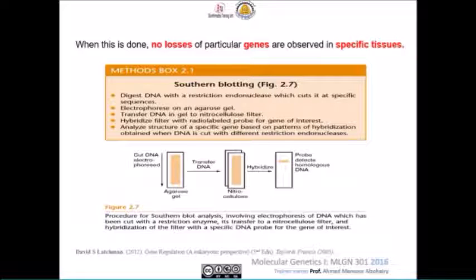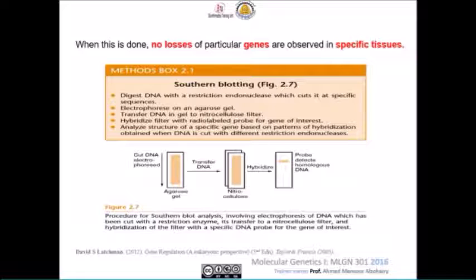Then we transfer the DNA in the gel to a nitrocellulose filter, hybridize the filter with a radiolabeled probe for the gene of interest, and analyze the structure of the specific gene based on the pattern of hybridization obtained when DNA is cut with different restriction enzymes.